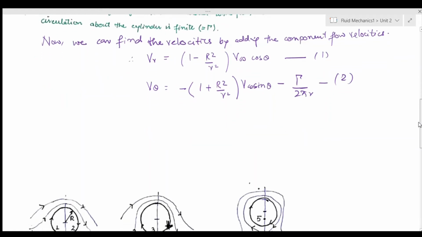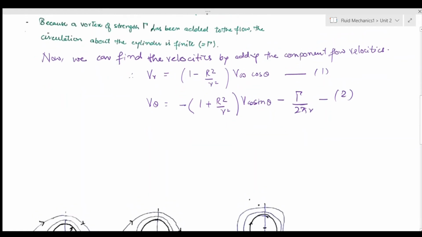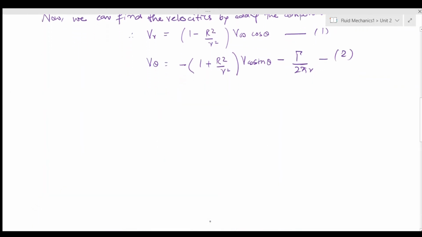After finding my velocities, the next step is to find the stagnation points. And I know that for locating stagnation points, what I need to do is to put my V_r equal to 0, my V theta equal to 0, and then solve for r and theta.